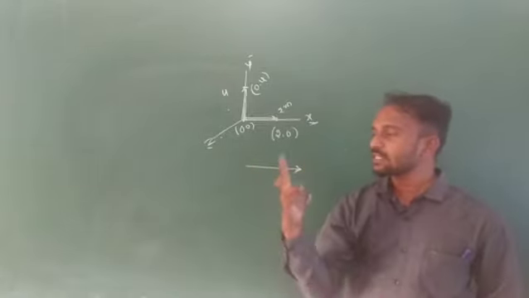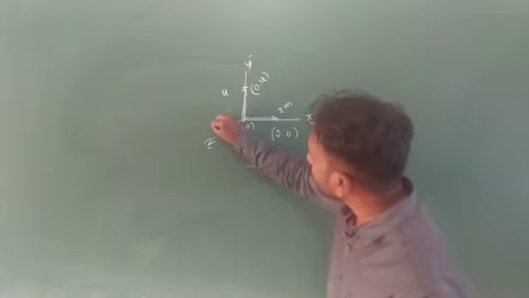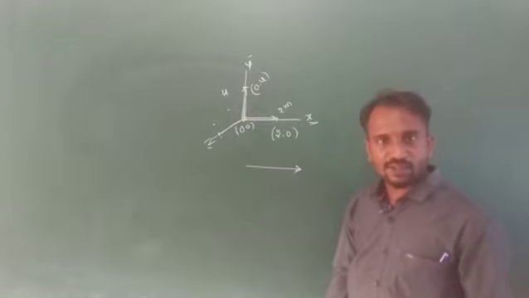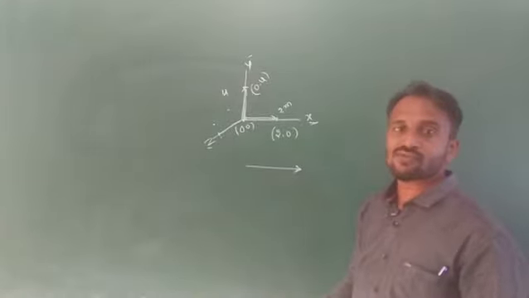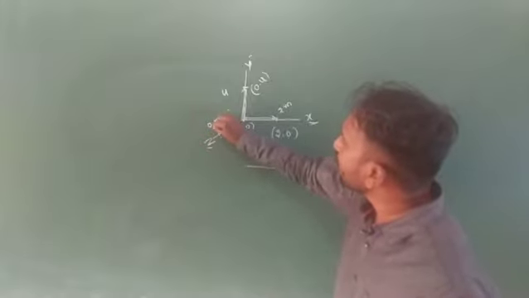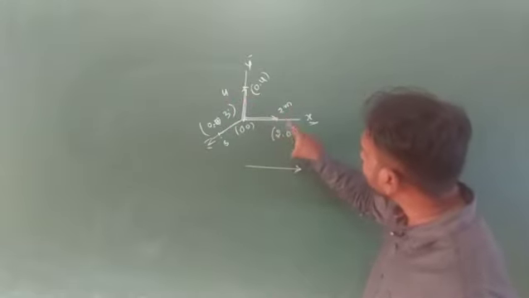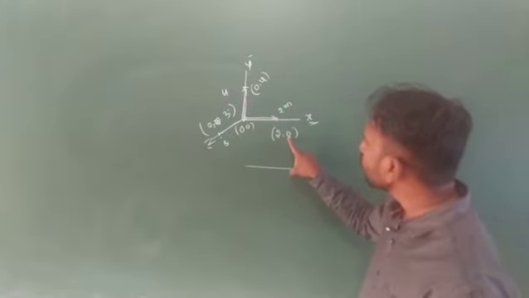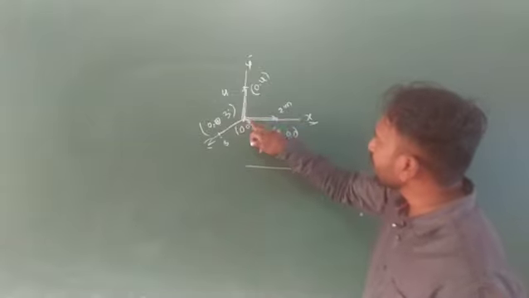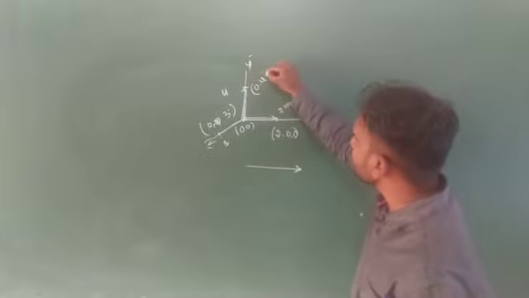Here x-axis, y-axis, and this one is the z-axis. The x-axis value is 0 and the y-axis value is also 0, and the z-axis up to 3 meter. In the first case the x-axis value is 2, y-axis value 0, z-axis also 0. And here the x-axis is 0 and the y-axis is 4, and the z-axis is 0.